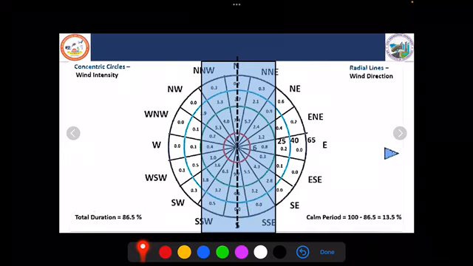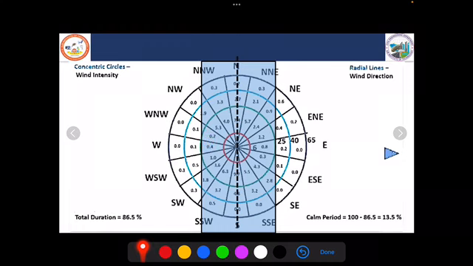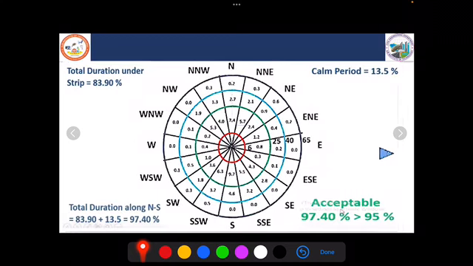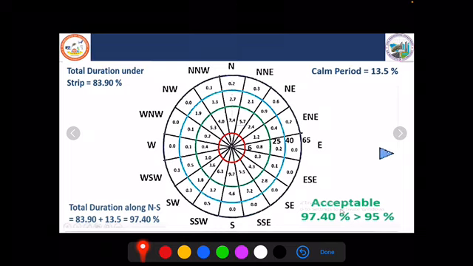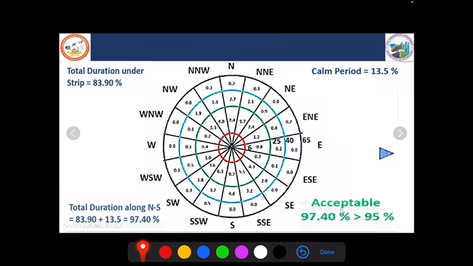These values indicate the duration of the wind. When I add all these values, I get the total wind coverage when the runway is oriented in the north-south direction. The total wind coverage is 83.9.